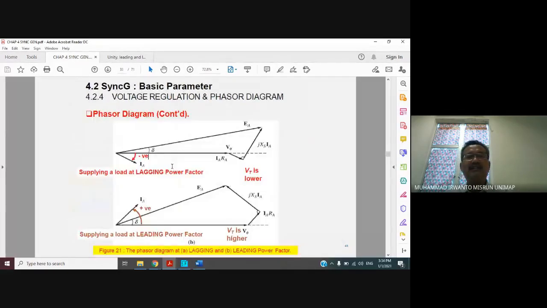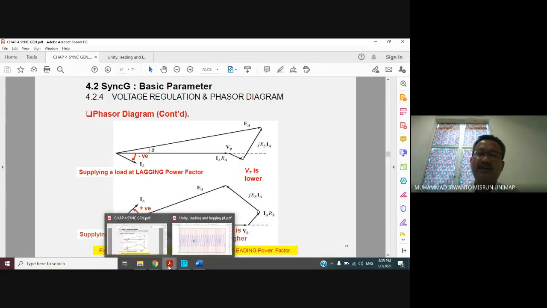Okay, and then the last case is the leading power factor. Leading means, I repeat again, that IA leads the phase voltage by how many degrees.